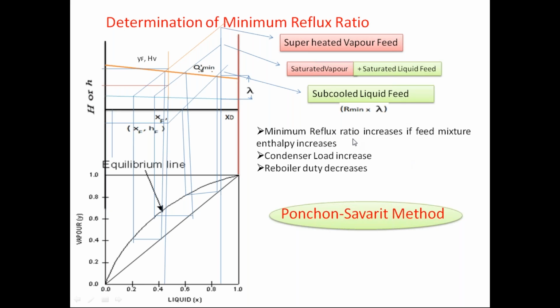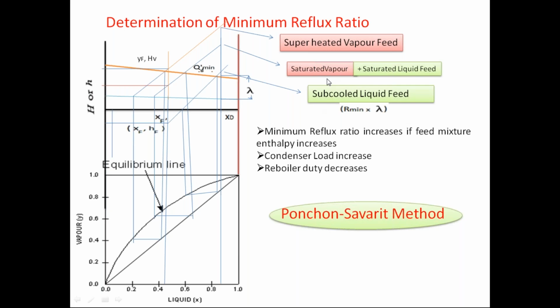The minimum reflux ratio decreases when the feed goes from superheated vapor feed to subcooled liquid. In between you have saturated vapor and saturated liquid, so five lines you can write down. The minimum reflux ratio is greater for the superheated vapor, then a little lesser for the saturated vapor, and saturated vapor plus saturated liquid is lesser than this case, and then the saturated liquid is still lesser than this one.